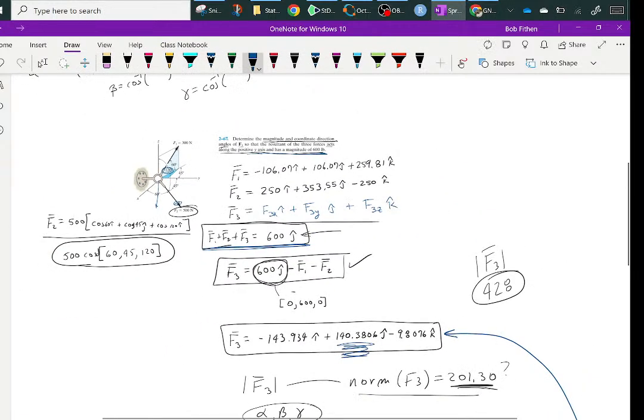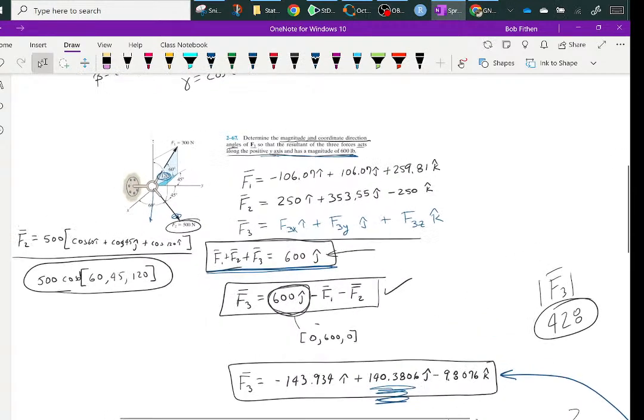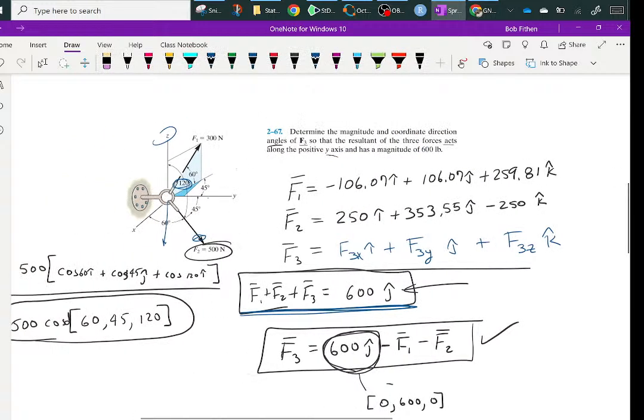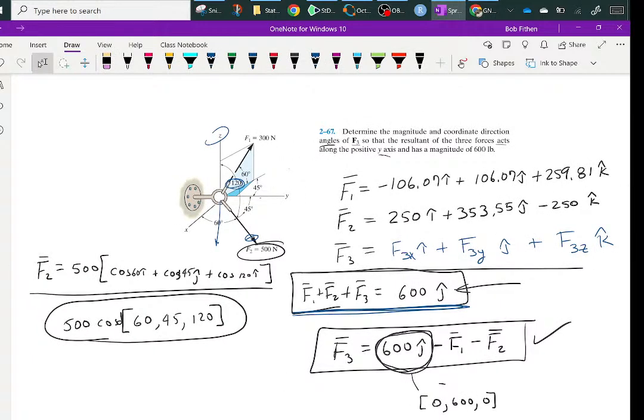So we could do that with the X as well. Okay, let's do it with the X. The Z component's a little easier because I know one point's above the XY plane and one point's below. For F1, I feel comfortable that that's okay because we got the answer from the fifth. Now, 250, does it make sense that that's 250? Well, that's 60 degrees.